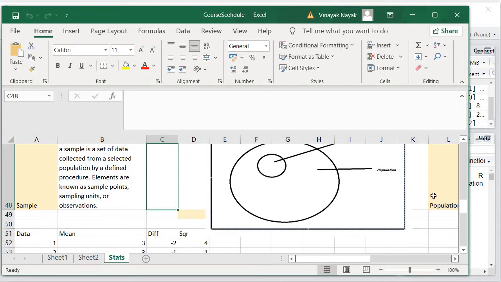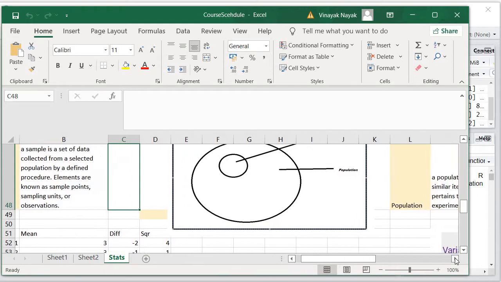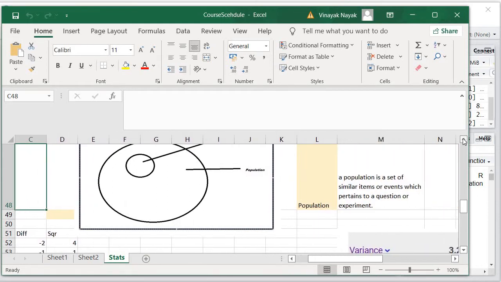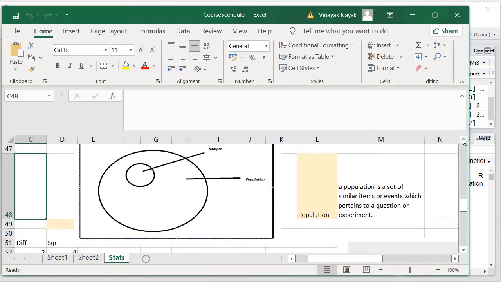Before jumping into the calculation part of what a standard deviation is, we need to understand what is population and sample in statistics. If you go by the definition, a population is a set of similar items or events which pertains to a question or experiment.